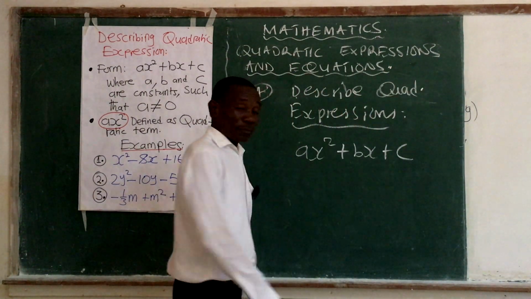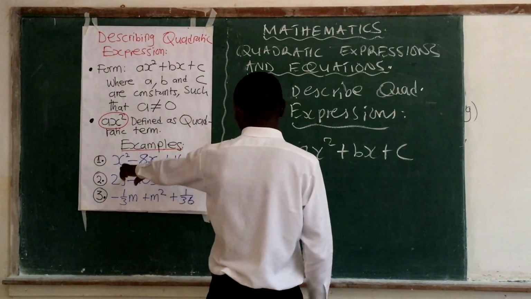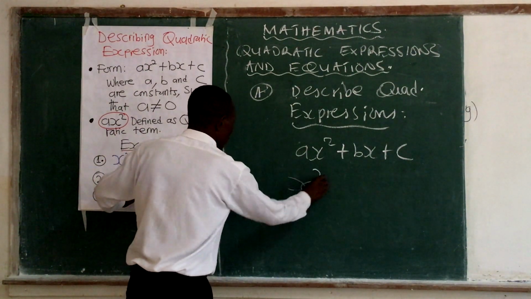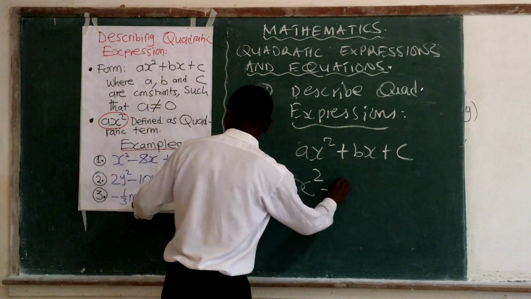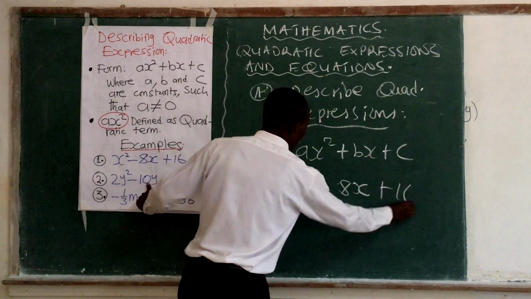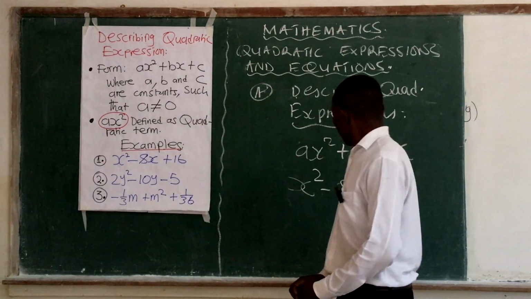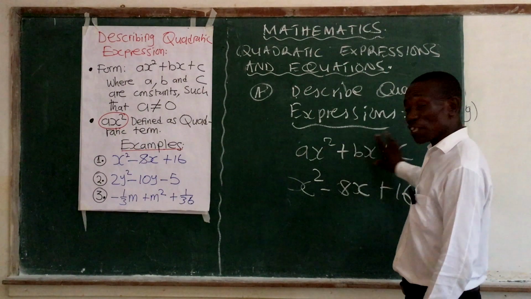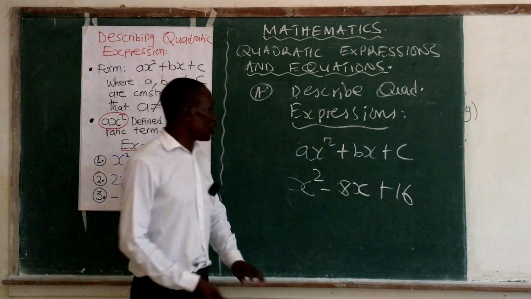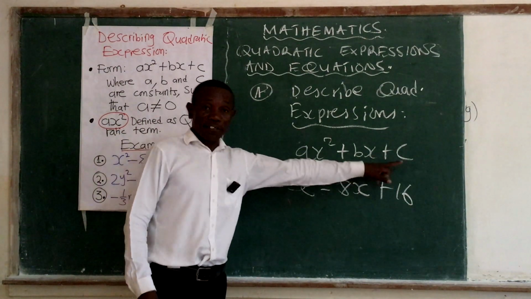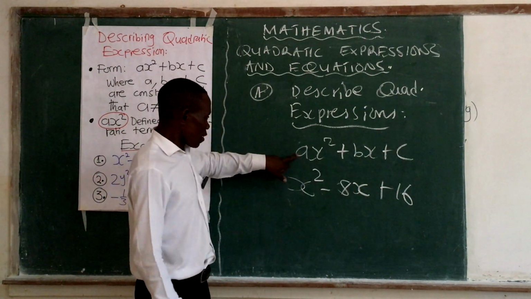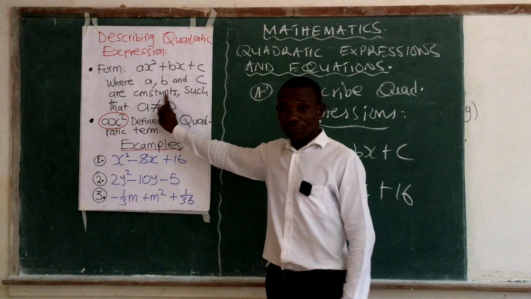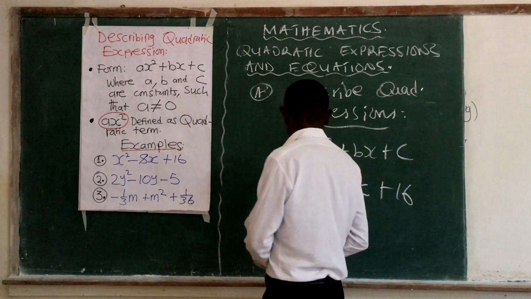What does this mean? For example, look at the example that I have here: an expression, x squared minus 8x plus 16. When I look at this format, you'll be able to see that this form has got letters A, B, and C. These letters simply represent constants.